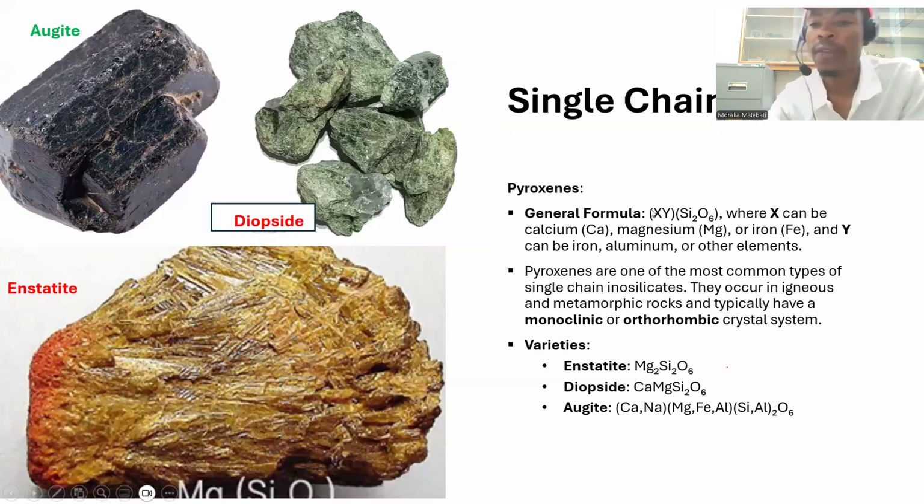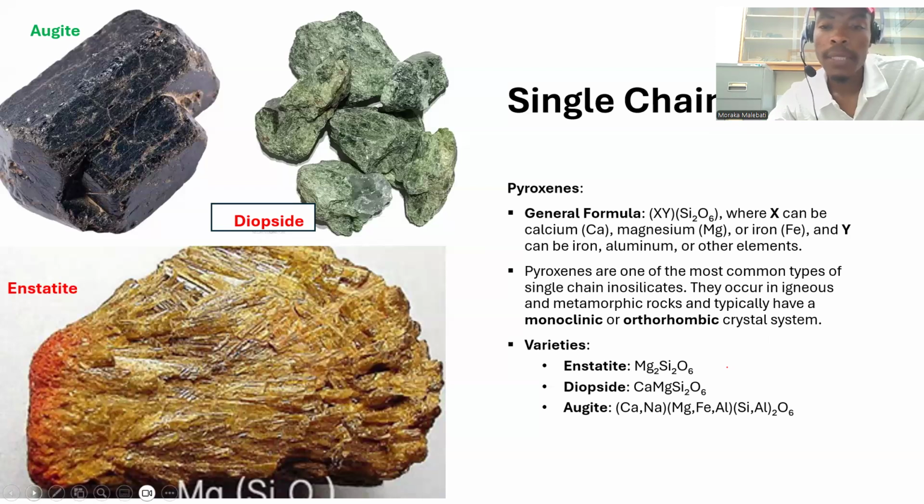The pyroxene has a general formula with X and Y, where X can be calcium, magnesium, or iron, and Y can be iron, aluminum, or any other element, like magnesium, for example, in the diopside.